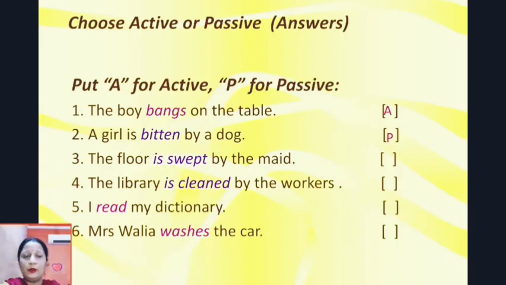Number 3, the floor is swept by the maid: it is again passive voice. The library is cleaned by the workers: it is also in passive voice. I read my dictionary: it is active voice. Mrs. Walia washes the car: this is again active voice. I hope you have understood the difference between active and passive voice.